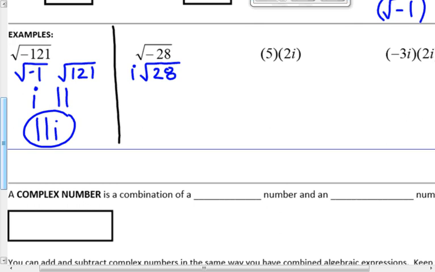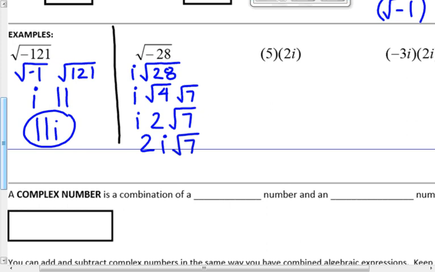And 28 is not a perfect square. So if we split this up, 28 is really 4 times 7. And 4 is a perfect square. The square root of 4 is 2. We can't do anything with that 7. Exactly like we did on the first example, I always want the number before the letter, so I'm going to write this as 2i square root of 7.